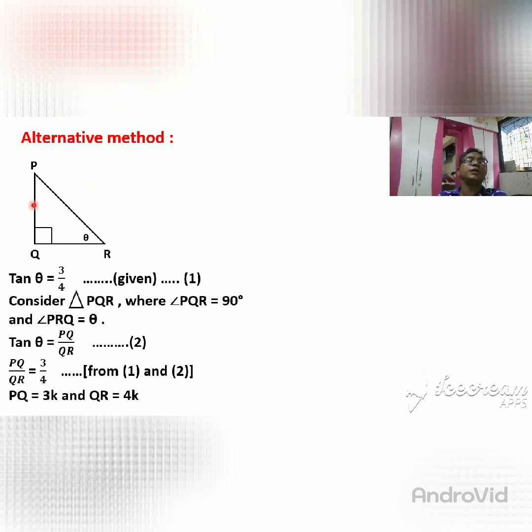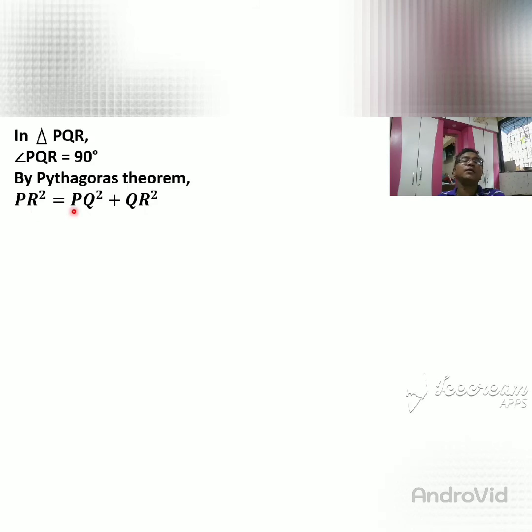So another is PQ square plus QR square, because these two sides form the right angle. So PQ square plus QR square is equal to PR square. This is the PGT theorem. With the diagram: hypotenuse is PR, and the right angle sides are PQ and QR. So PR square is equal to PQ square plus QR square. PQ is 3k and QR is 4k, where k is the common multiple.